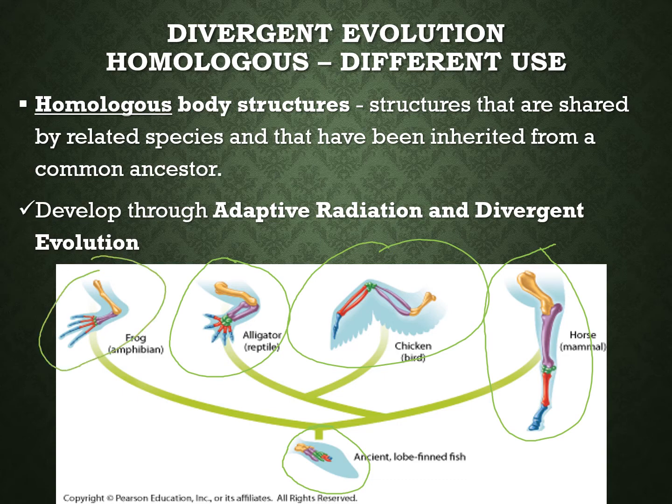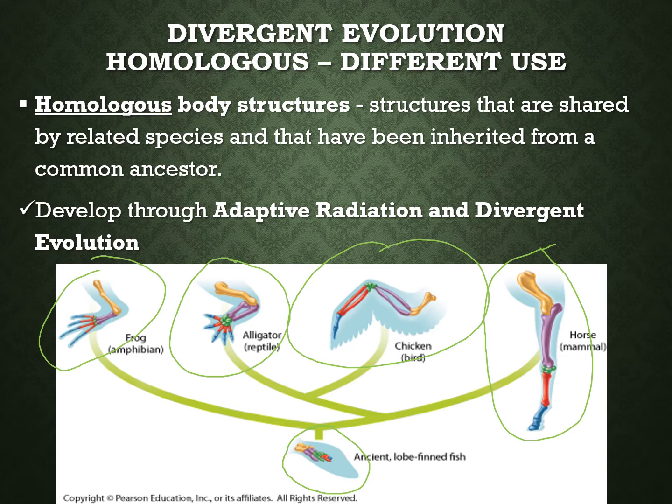Also, a lot of times in these kinds of diagrams, they color code the different bones. So you have the blue, there's barely any blue in the ancient lobe-finned fish. It's kind of a small bone here.